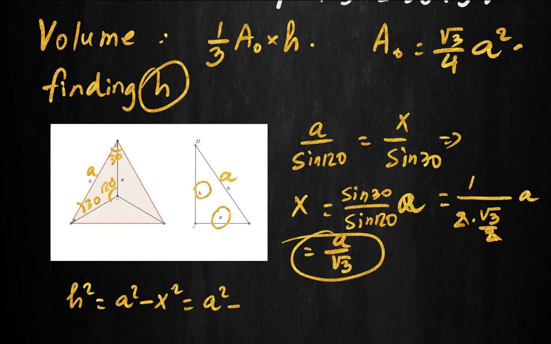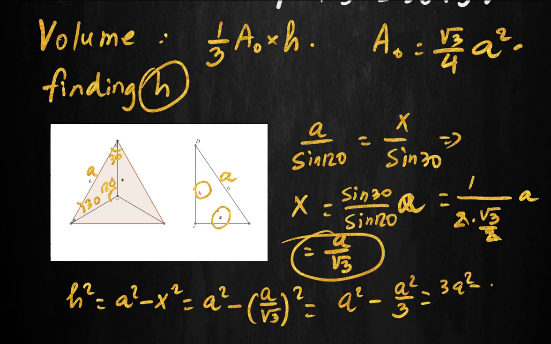So it is equal to a squared minus a over square root of 3 all squared. So that makes it a squared minus a squared over 3. That means 3a squared minus a squared over 3. That makes it 2a squared over 3.